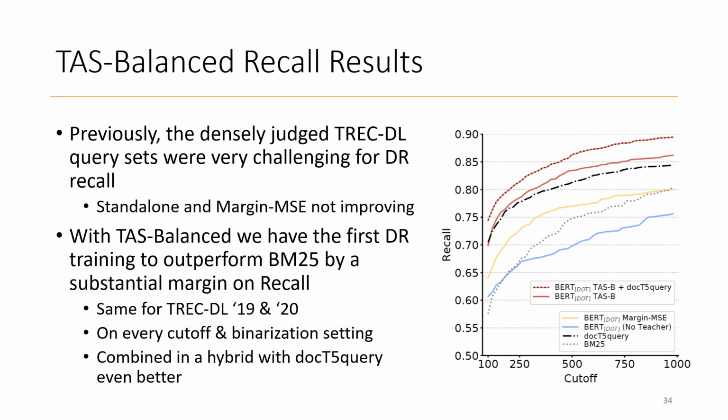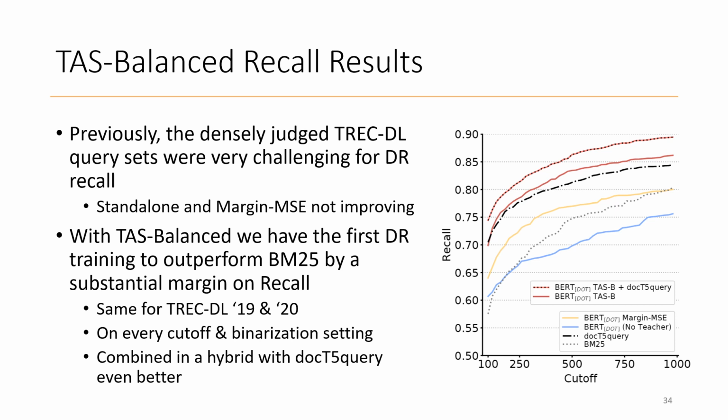And we can see that the line in red, which is our TAS-Balanced trained BERTDOT model, is the first dense retriever to significantly outperform BM25 in the gray dotted line, and also outperform the doc-to-query recall in the black dotted line.